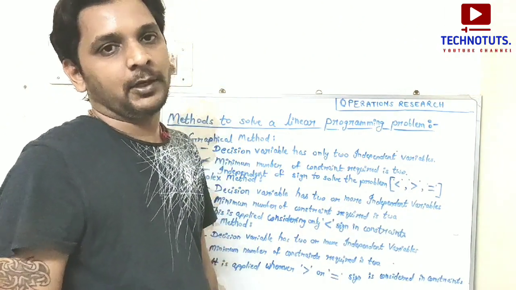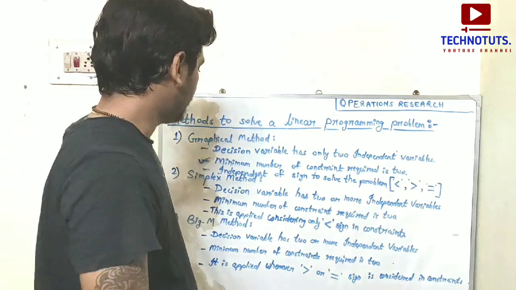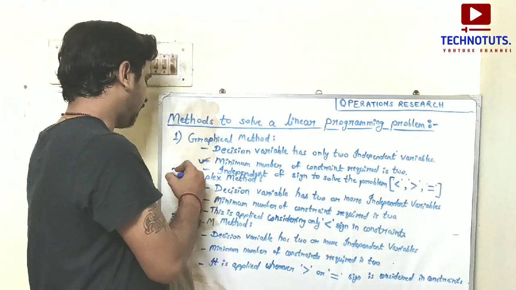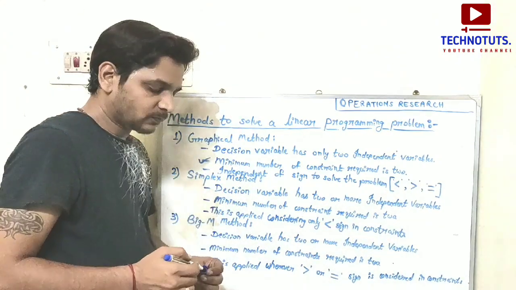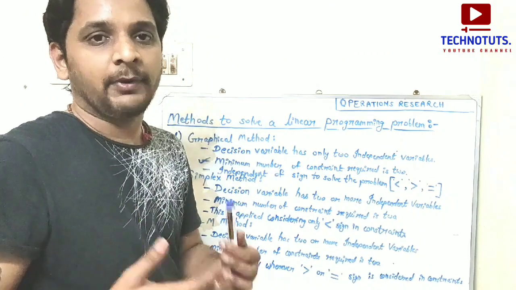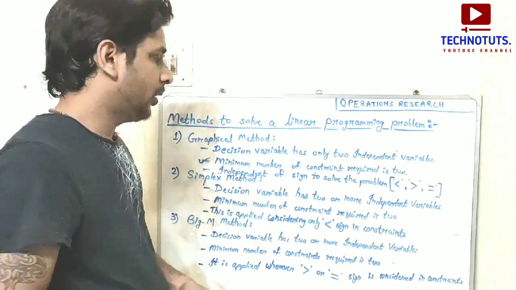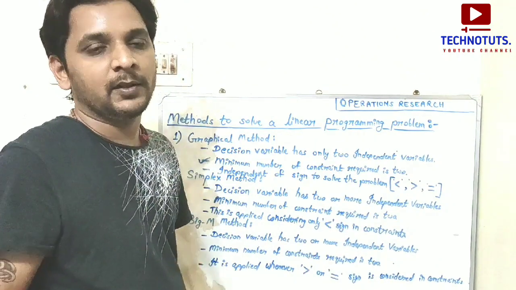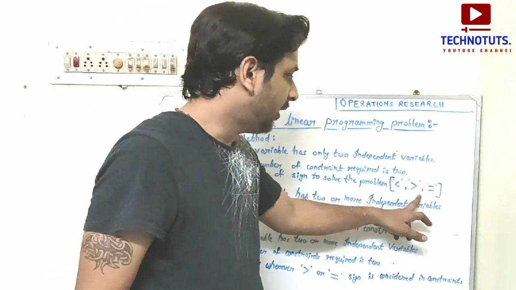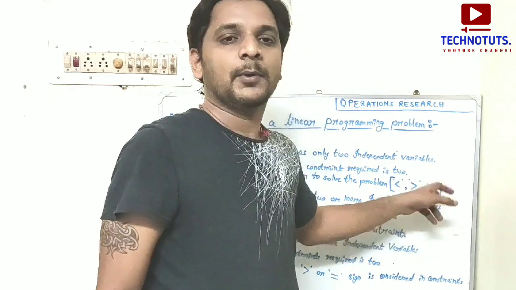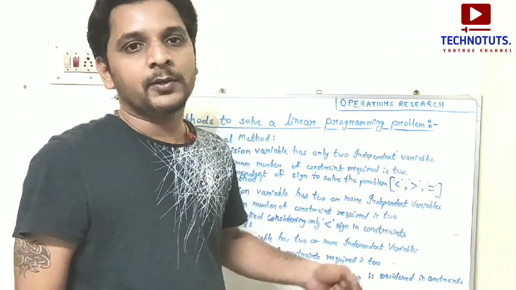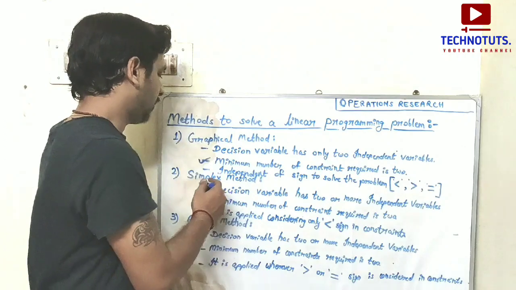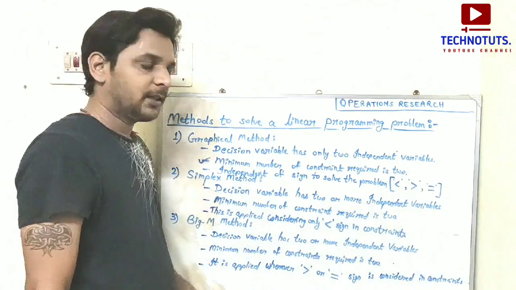So when any equation has only two independent variables, irrespective of the sign in the constraints, you can apply the graphical method. Now let us come to the simplex method.